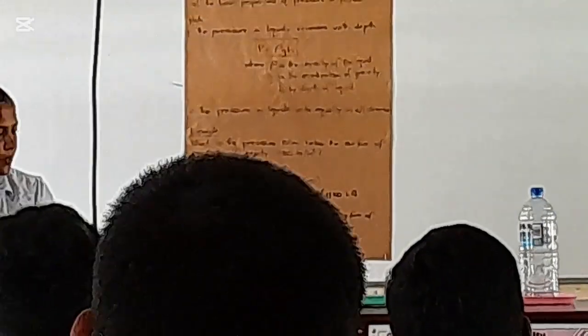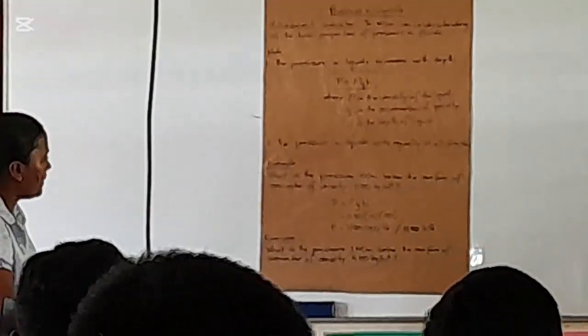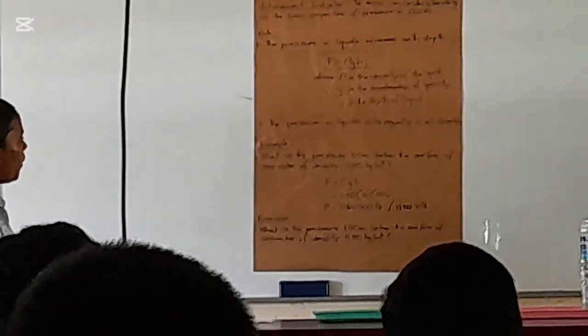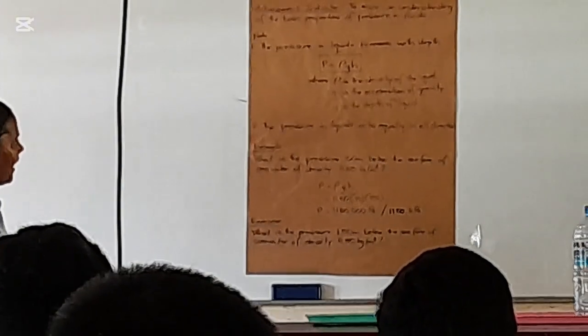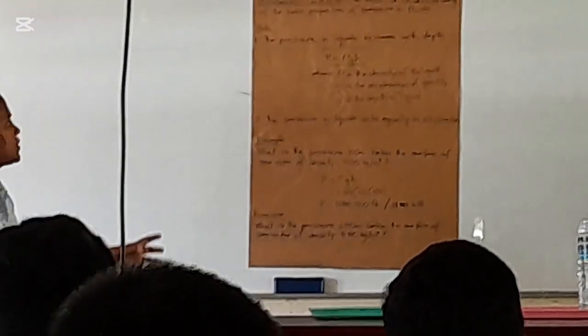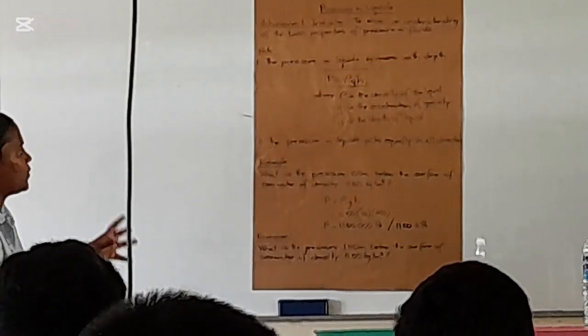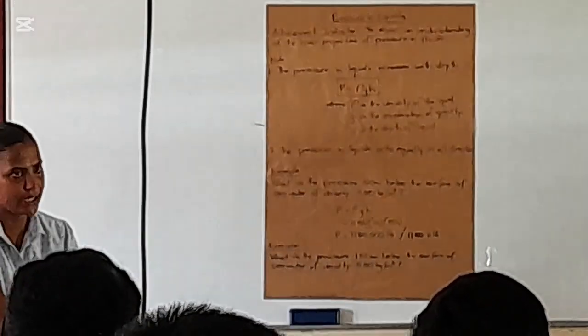Okay. So we have an example here which says, what is the pressure 100 meters below the surface of seawater of density 1150 kg per meter cube?